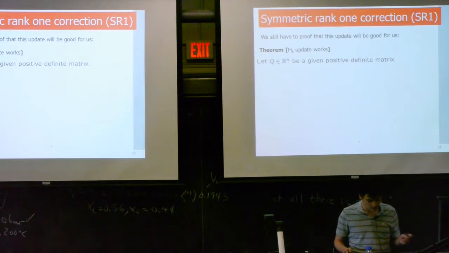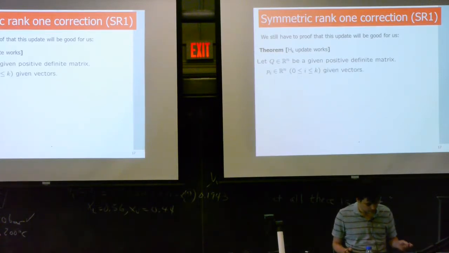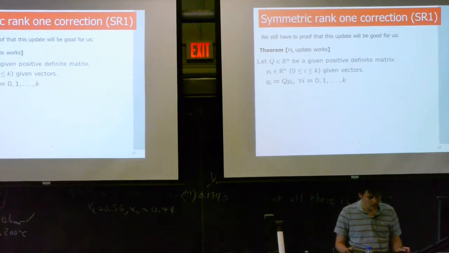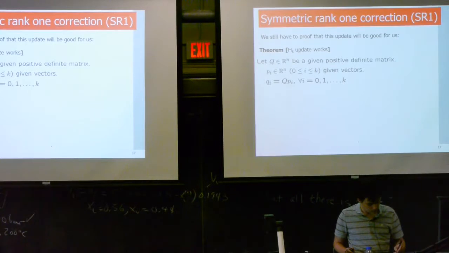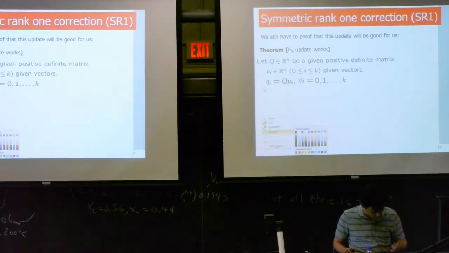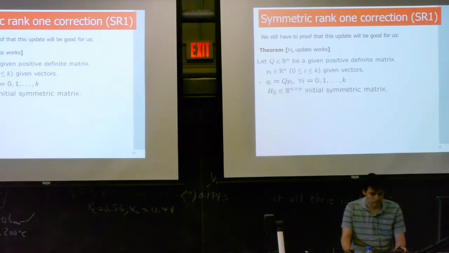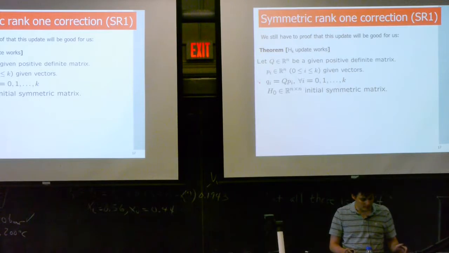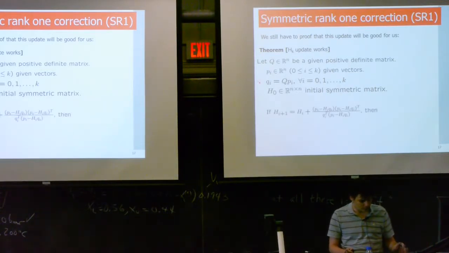So let Q be a positive definite matrix. p0 to pk+1 given vectors, and qi is defined as earlier, that is Q times pi. H0 is an initial symmetric matrix where we start the iteration from.